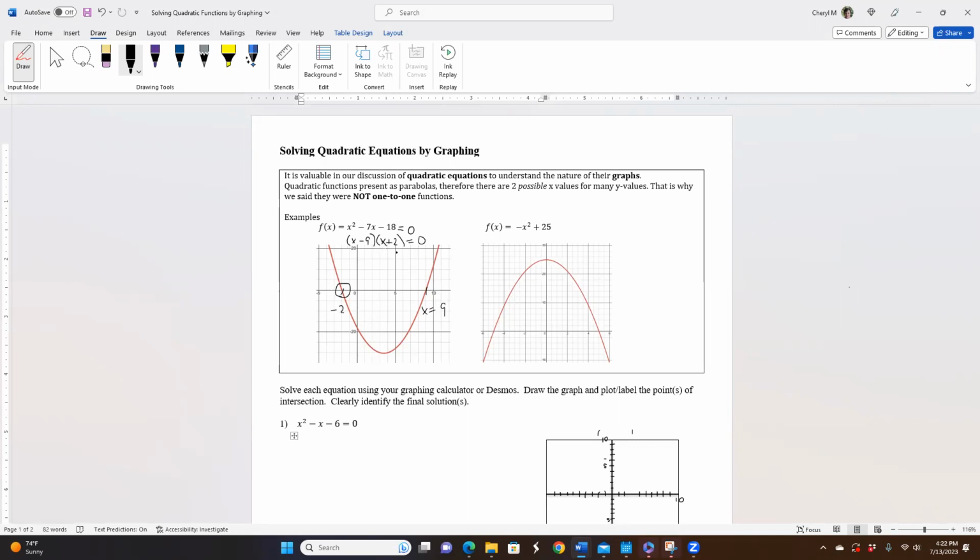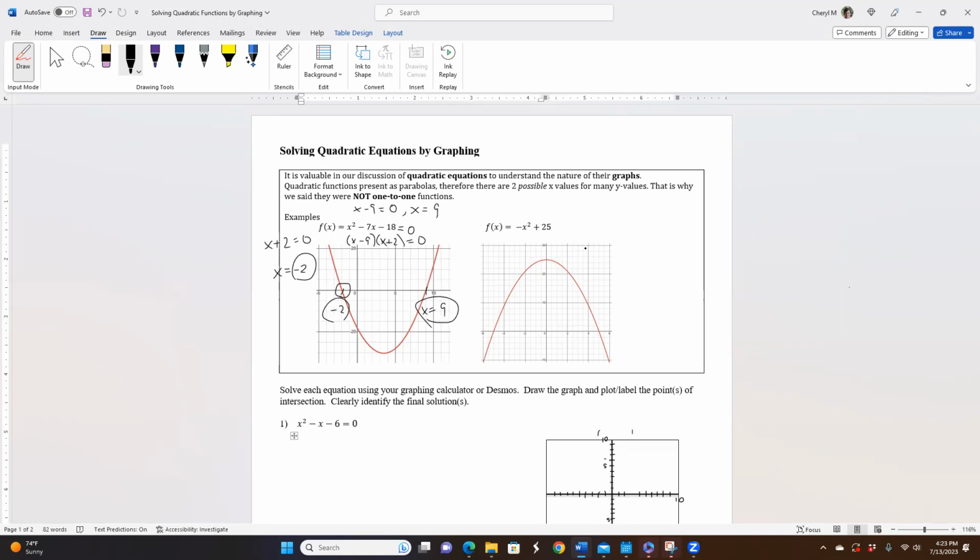And then using the zero product rule, we could see that x minus 9 would equal 0, so x would equal 9. And here, if this times this equals 0, the x plus 2 might be the cause of it equaling 0. So then solving that, we get x equals -2. And those are where those solutions come from, right there.